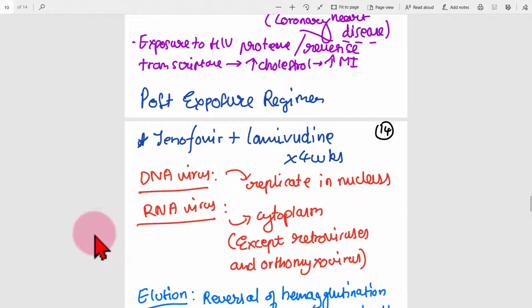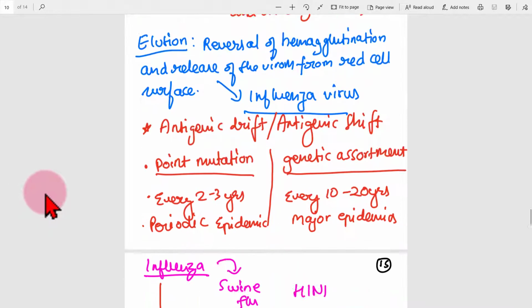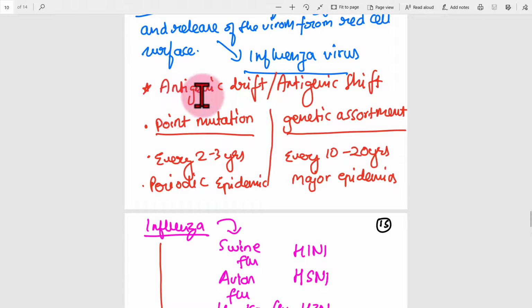Moving ahead, we'll be looking at elution. Elution is nothing but the reversal of hemagglutination and release of virions from the red blood cell surface. This property is inherited by the influenza virus. Now let's look at some of the differences between antigenic drift and antigenic shift.